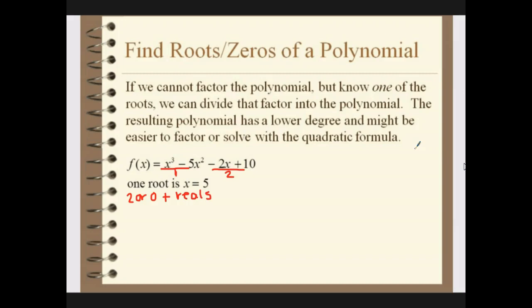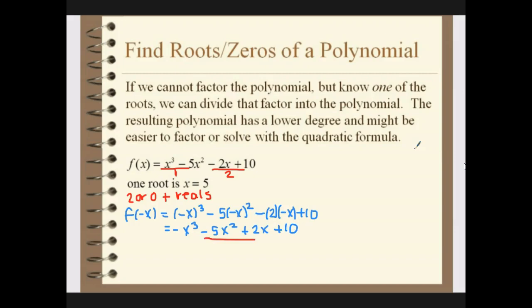If I look at f of negative x, I have 1 sign change. So that tells me I have 1 negative real.